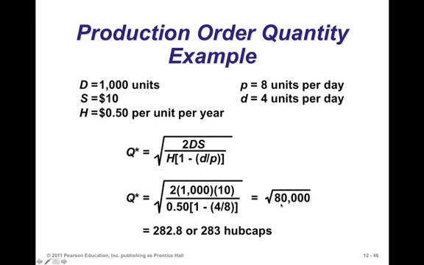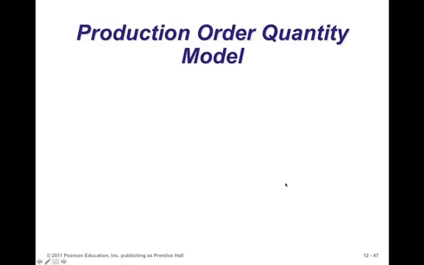So you see here that fraction of 4 over 8, which is a half, really reduced the effective value of the holding cost, which then allowed us to produce a slightly higher optimum order quantity, 283.